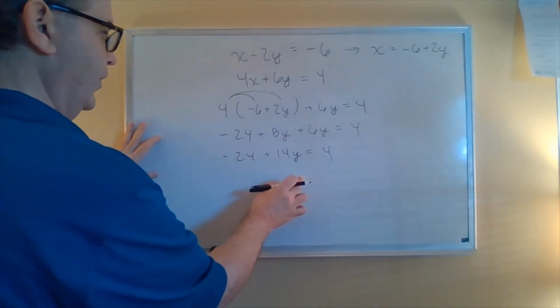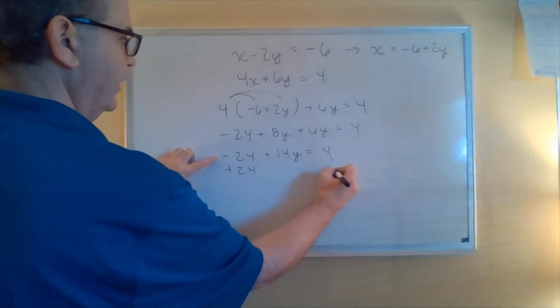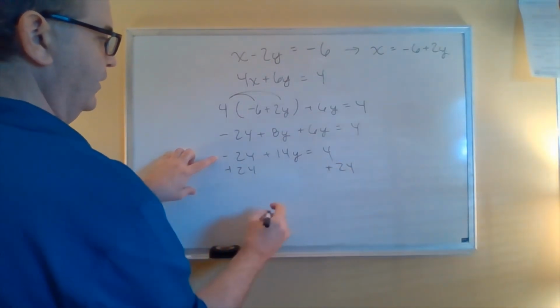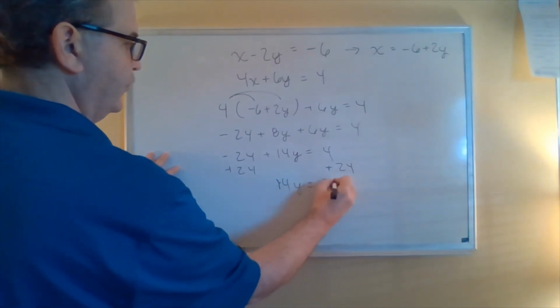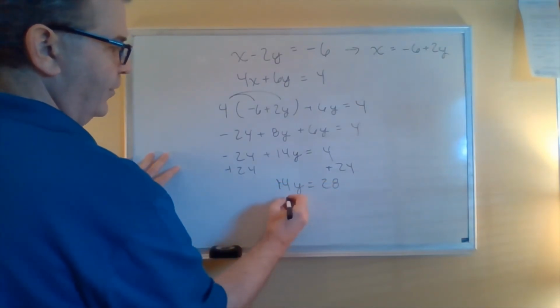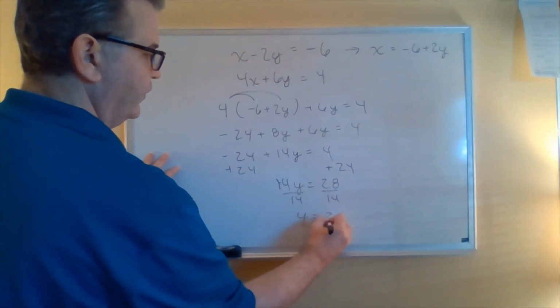Now I'm going to add 24 to both sides to get rid of this negative 24. If I add 24 to the left, I have to add it to the right. So I'll get 14y equals 28. Dividing each side by 14, I get y equals 2.